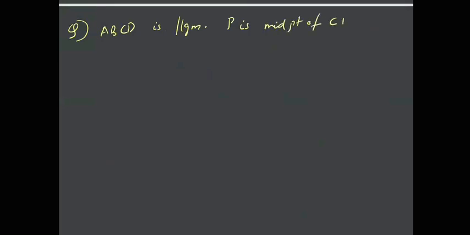So another question. ABCD is given to us as a parallelogram and P is the midpoint of side CD, and BP meets AC at point X. So you need to find the value of AX over AC.